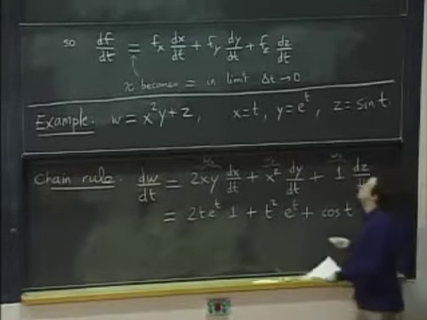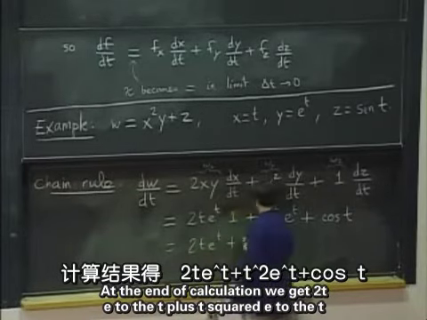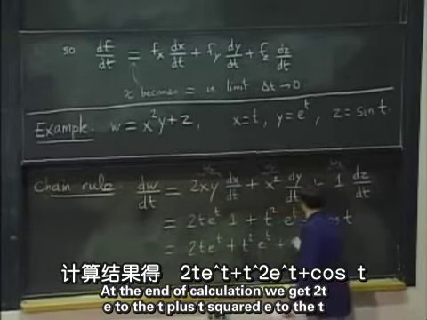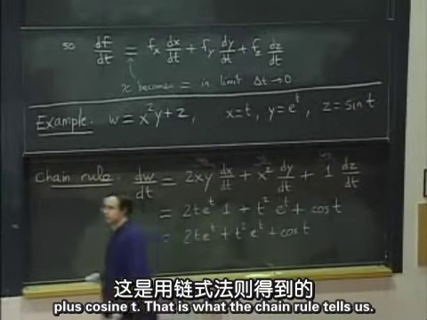So at the end of the calculation we get 2t e to the t plus t squared e to the t plus cosine t. That's what the chain rule tells us.